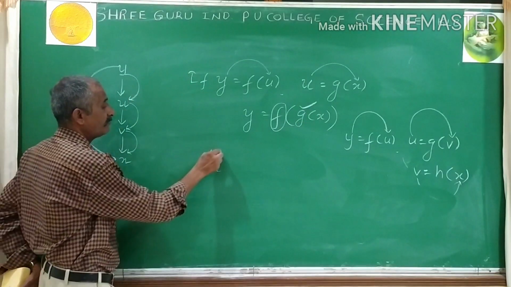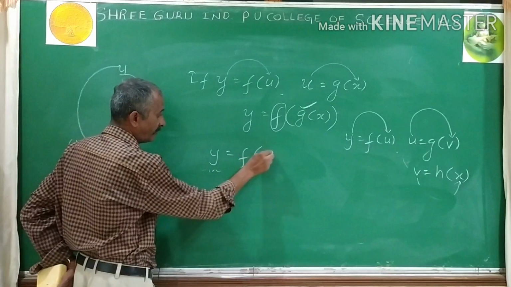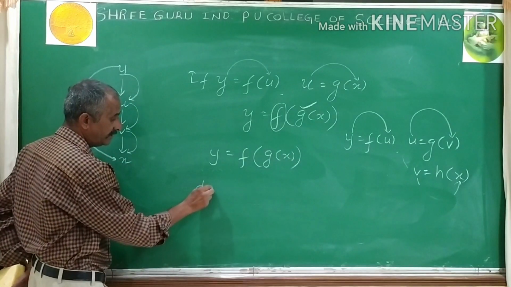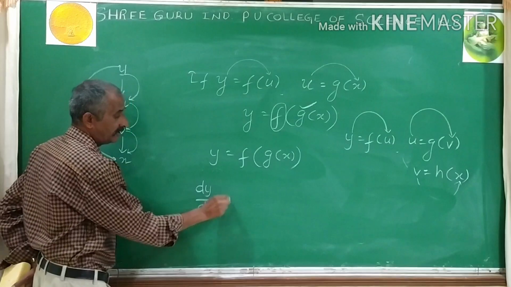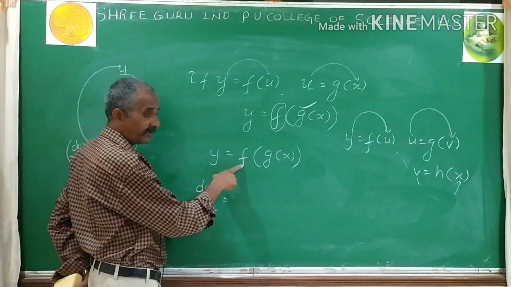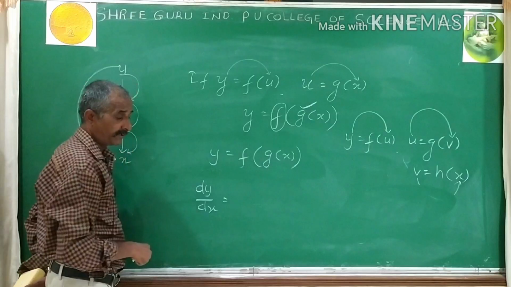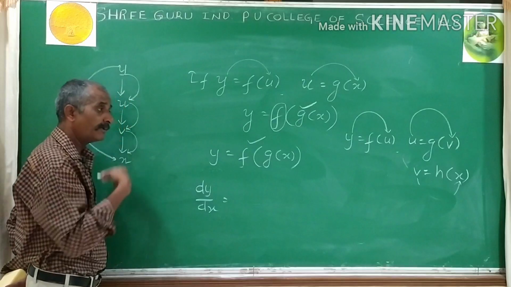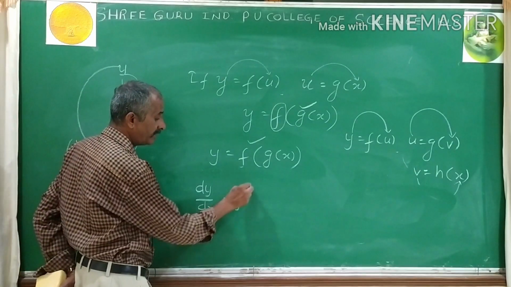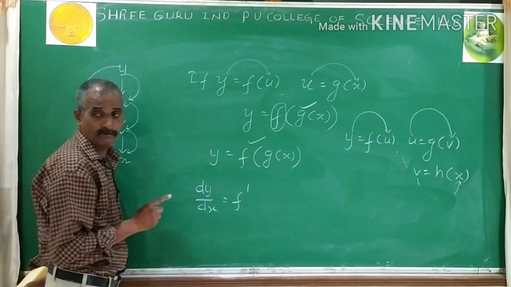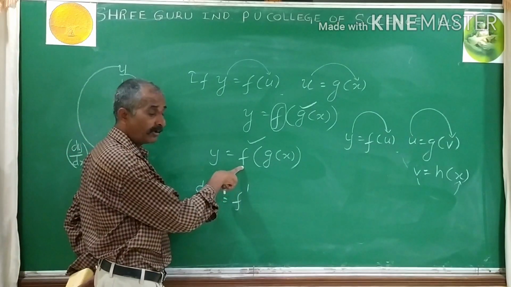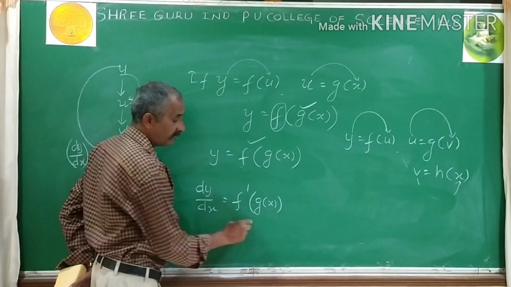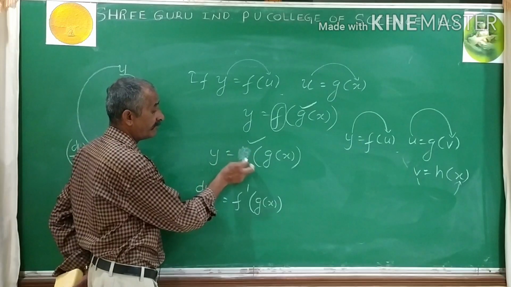That means if y equals f of g of x, now dy by dx will be equal to: y is first calculated from the f function followed by the g function. So we need to write first the derivative of f. The derivative of f is in general denoted by f dash. And keep in mind, what we are writing is the differentiation of only the f function, hence it is f dash of g of x. What we wrote is only the differentiation of the f function.